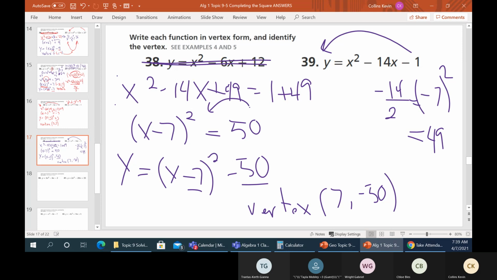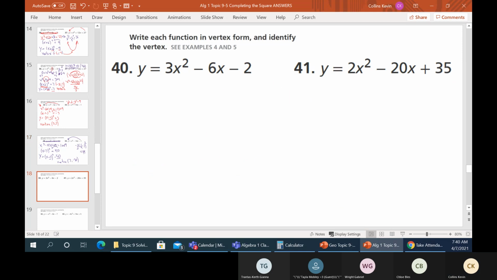Questions? All right. Do you want to keep going on these vertex ones, or do you want to try something else? I just feel like I'm beating a dead horse here somewhat.